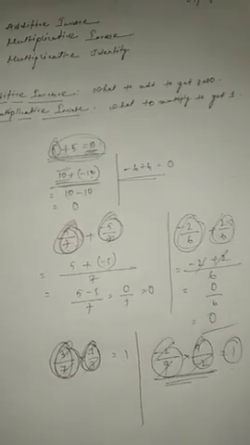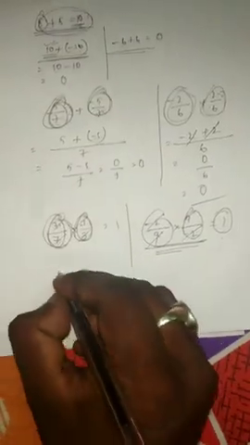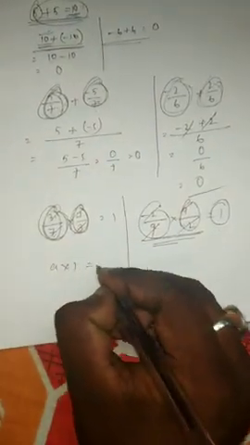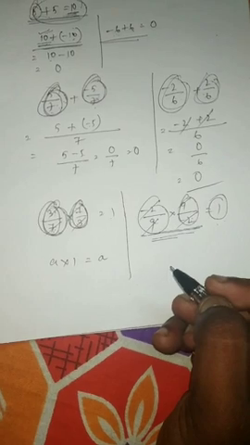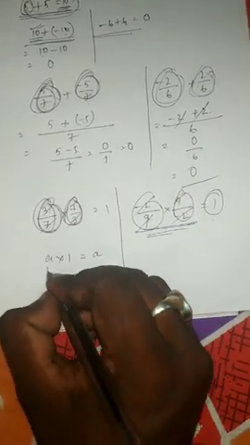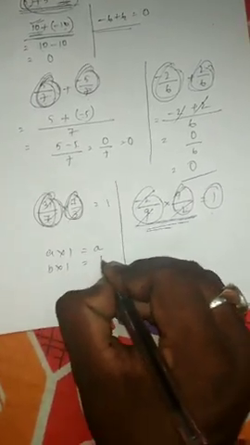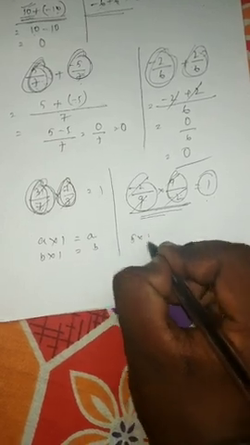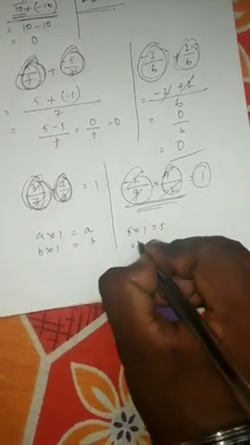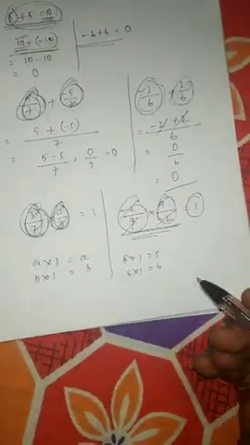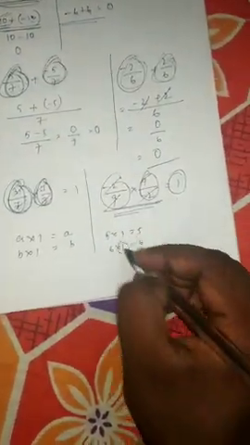For example, A into 1 is always A. B into 1 is always B. 5 into 1 is 5. 6 into 1 is always 6. So multiplicative identity is always 1.